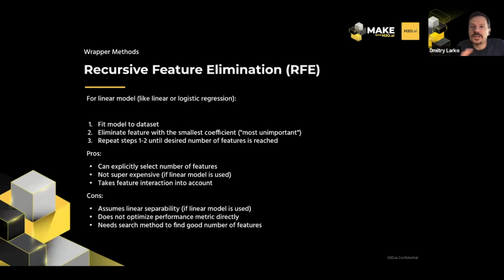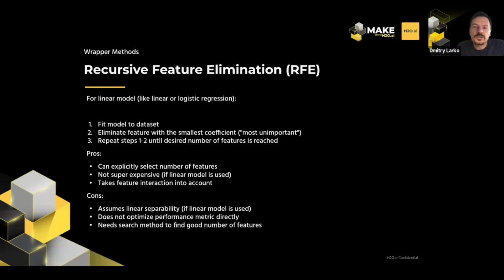In the case of a linear model, you just take the coefficients and remove the feature which has the smallest coefficient. You drop it, and you repeat this process until a desired number of features is reached. Because you can explicitly select the number of features, that's maybe a good or bad thing, depending on your point of view. I think it's a pro.